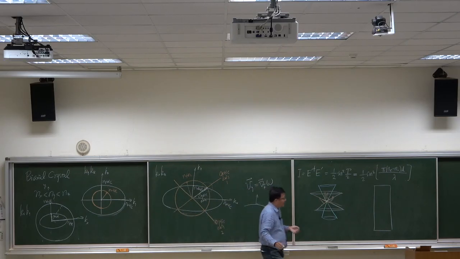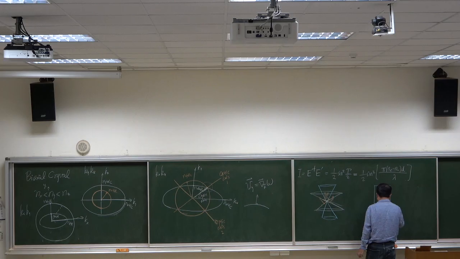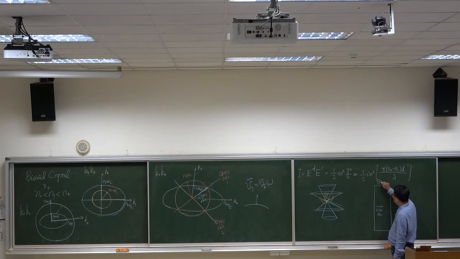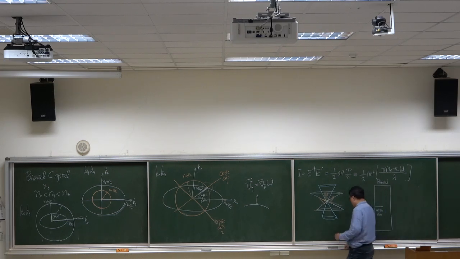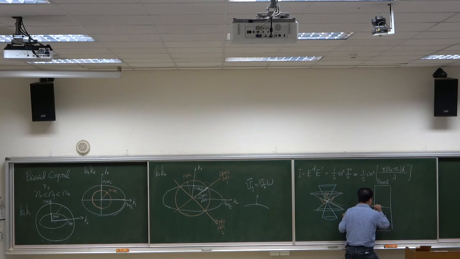Now we assume this direction is the optic axis, one optic axis, and this is a biaxial crystal. Then I send a beam of light here, and it propagates along a cone.